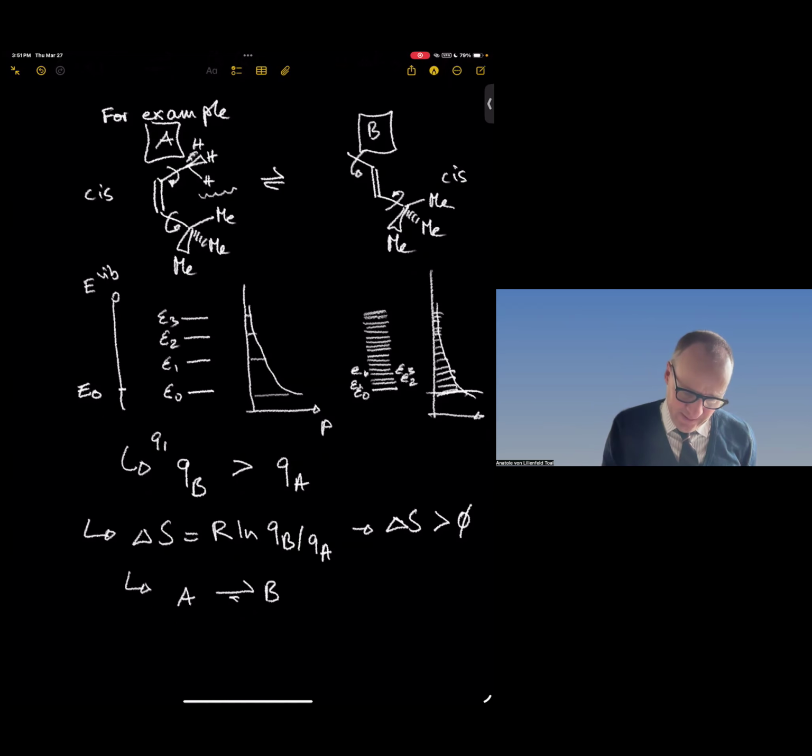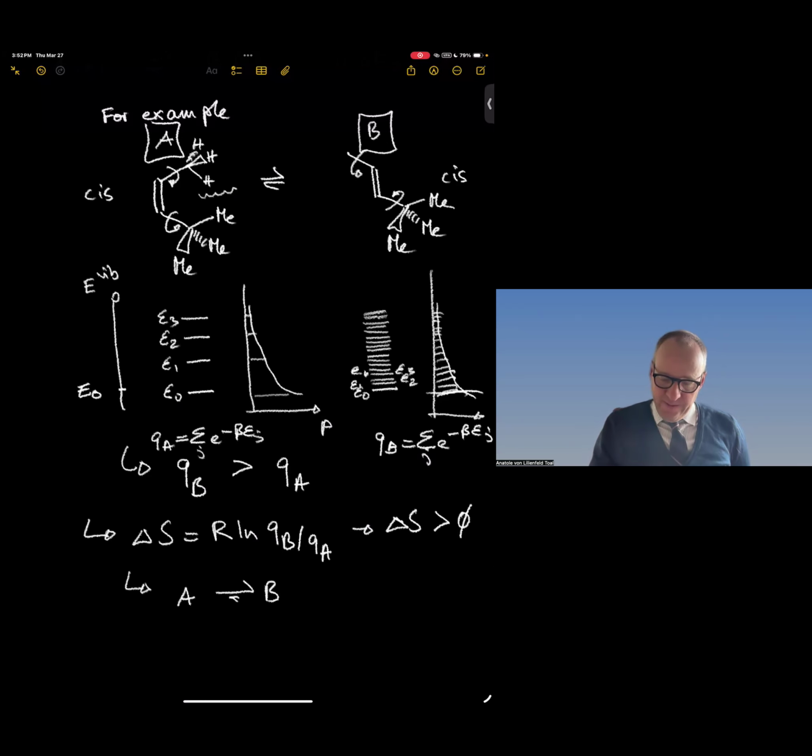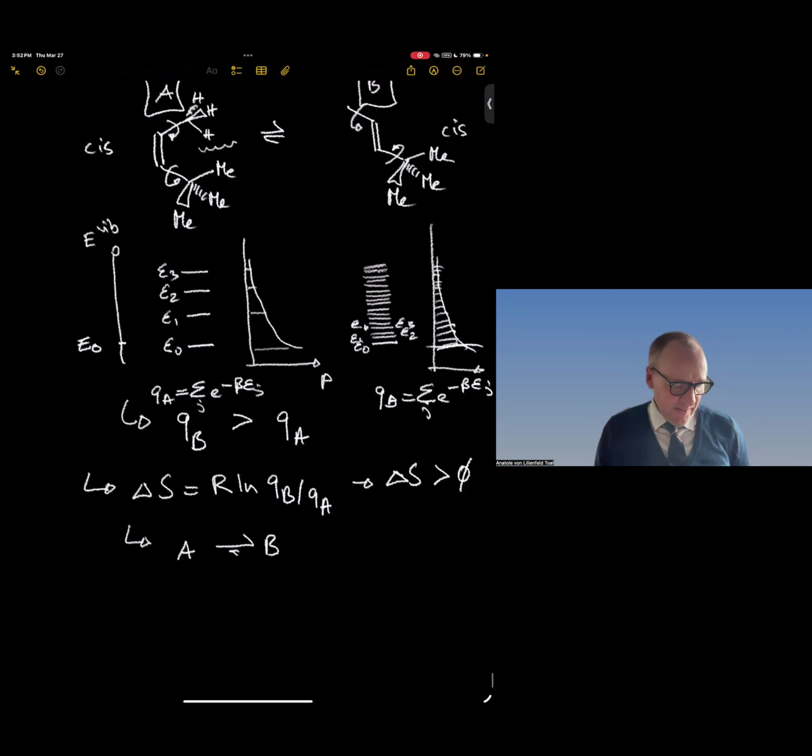I said QA is the sum over e to the minus beta epsilon J, and QB is the sum over e to the minus beta E J. So partition functions, right? That's one way to think about it.